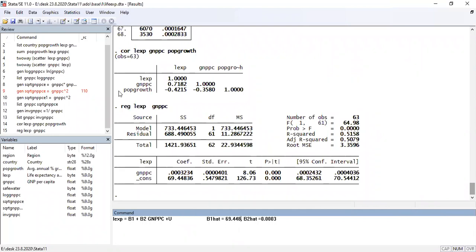Anybody else wants to explain beta 1 hat? Afra, are you there? Hello, Afra. Are you taking a nap? Ashley Biju? Hello, Ashley. Are you there?